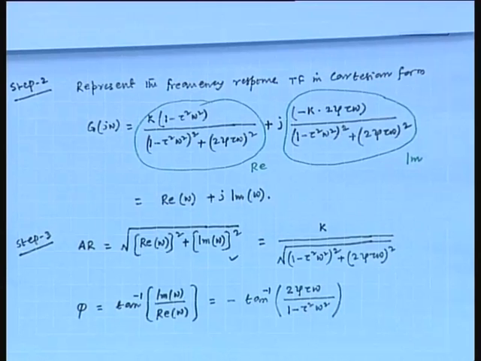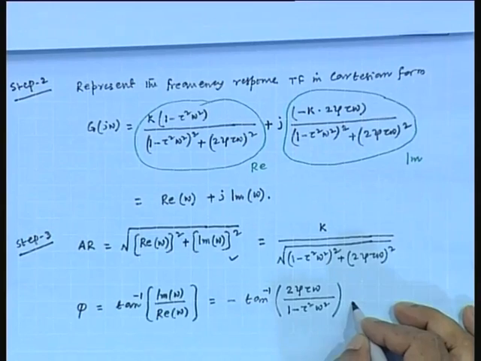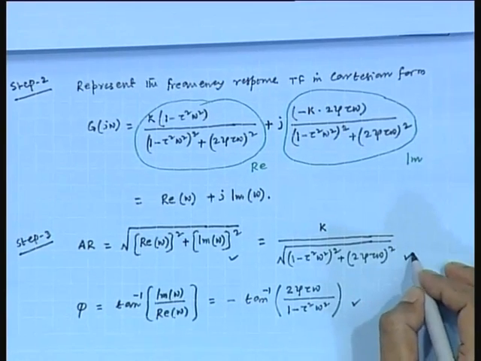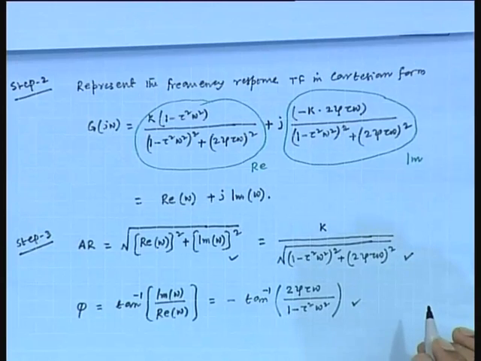Fine. So, first we substituted s equals j omega, then we represented the frequency response transfer function in Cartesian form, and in the third step we determined the expressions for amplitude ratio and phase angle.